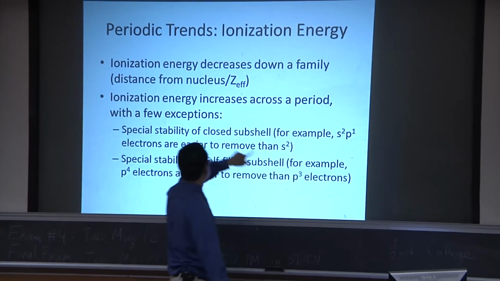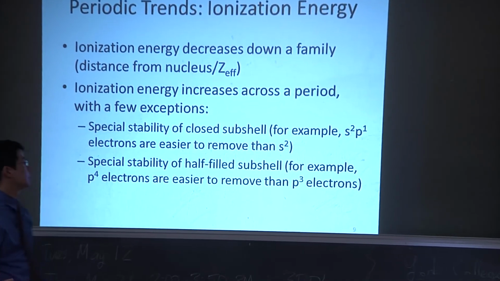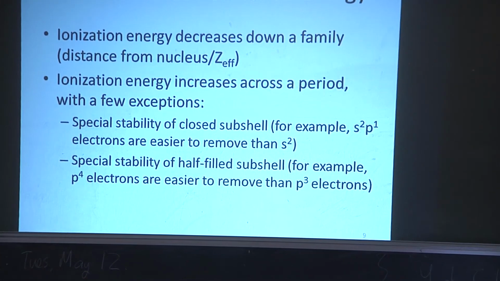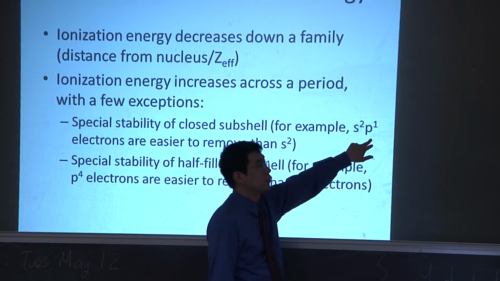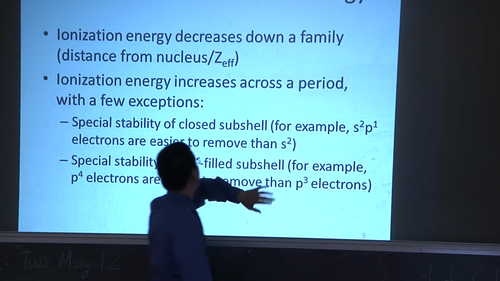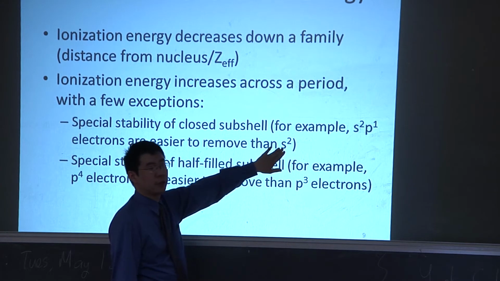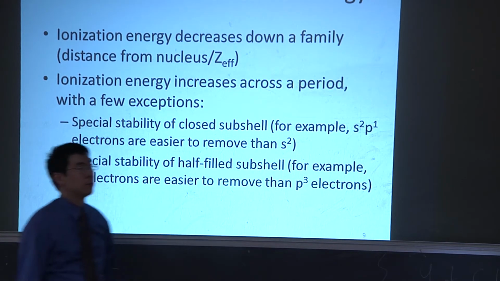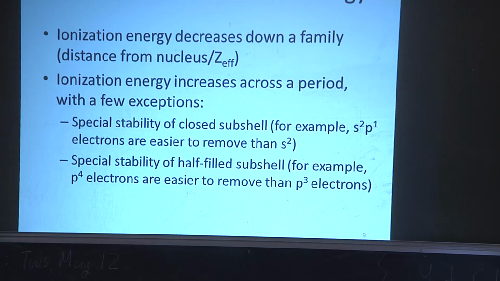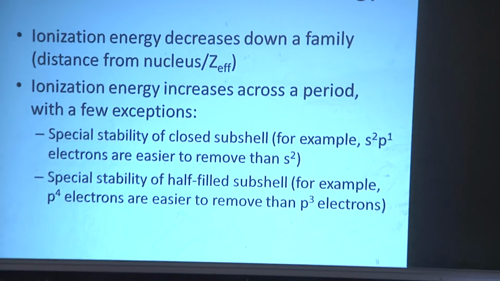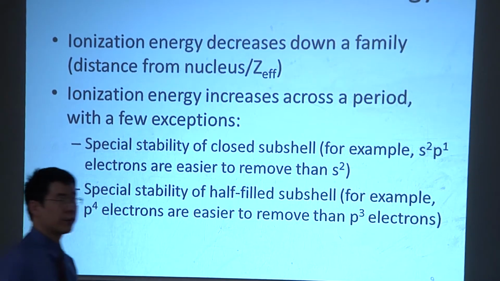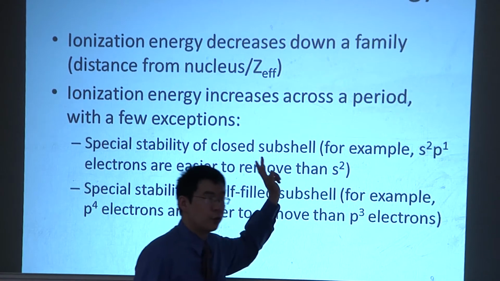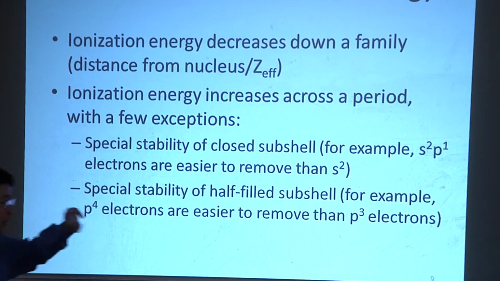And so it has a closed subshell, closed highest subshell. So s2p1 electrons, such as boron, are easier to remove than s2 electrons, like beryllium. Beryllium has in its atomic state 2 valence electrons. Those are both s electrons. Once you remove 1, you break that closed subshell. Not too happy.